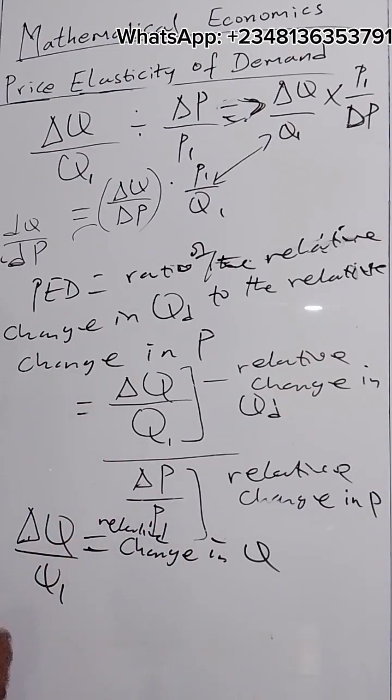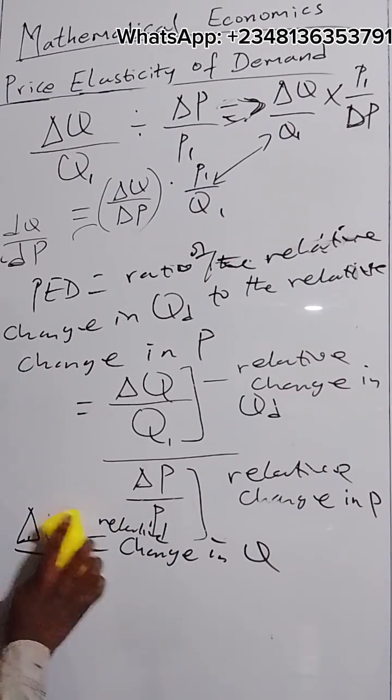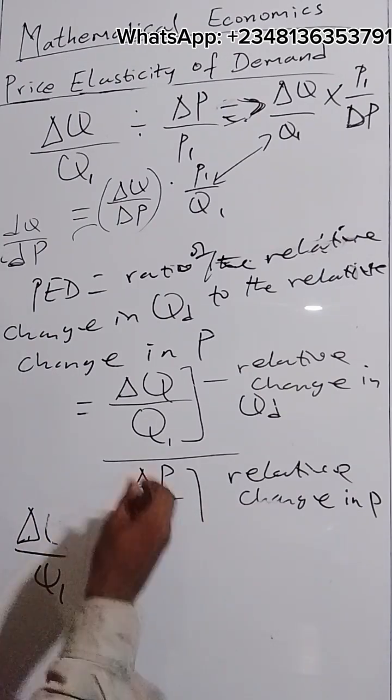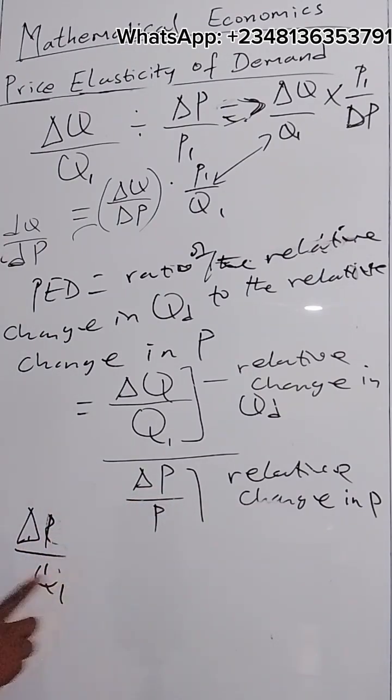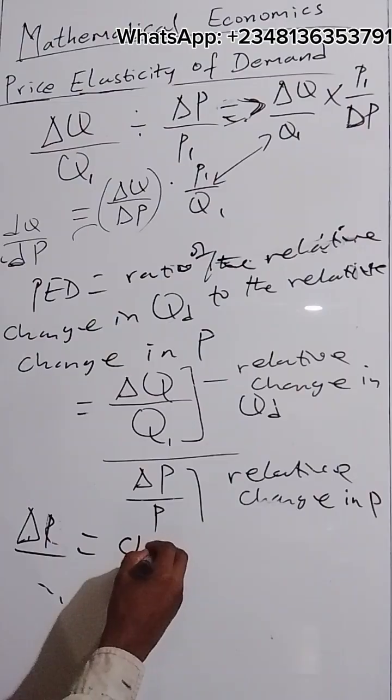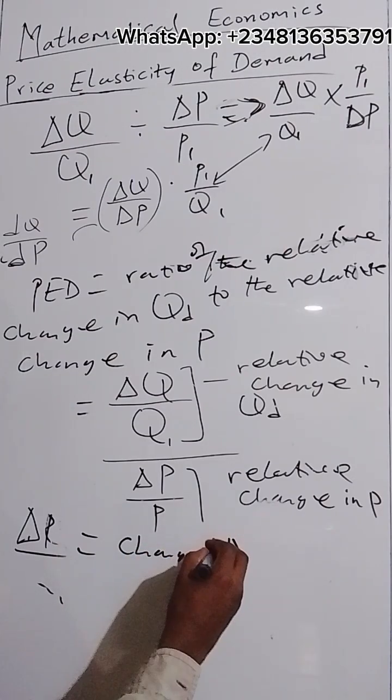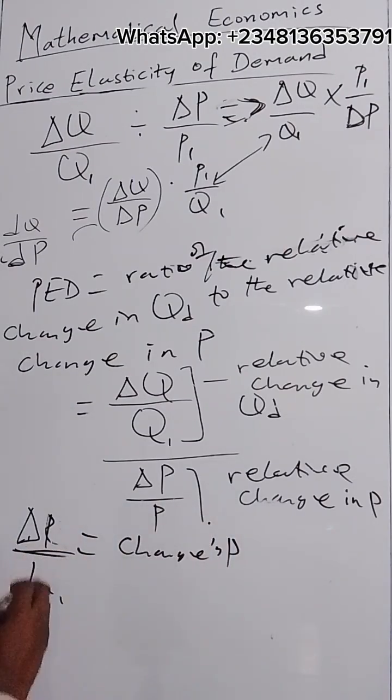Likewise, if I have change in P, that is delta P, this is just change in P. What if I divide by the initial P?